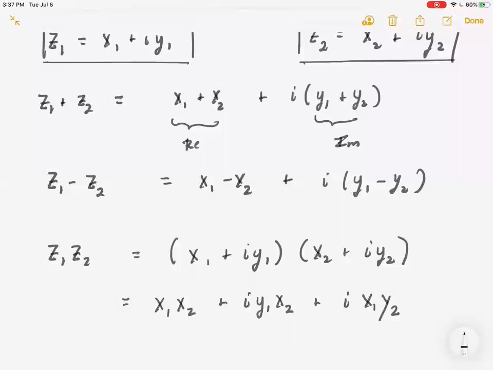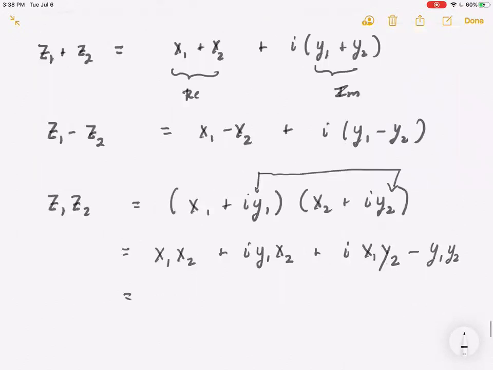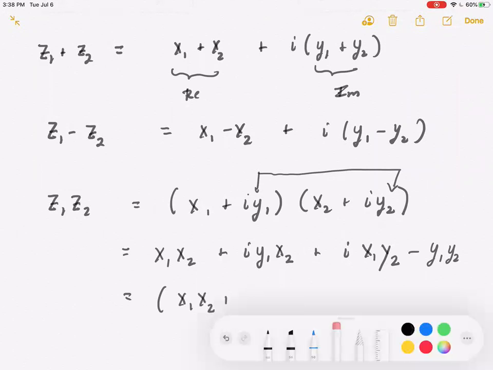And then when I multiply the last terms together, I remember the definition of i. i is a number which we've invented such that when you square it, you get -1. So this last term has to be minus y sub 1 times y sub 2. So this is x sub 1, x sub 2, and I want to group all these things together.